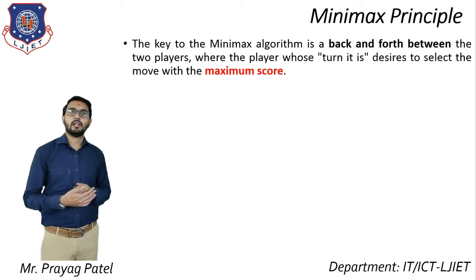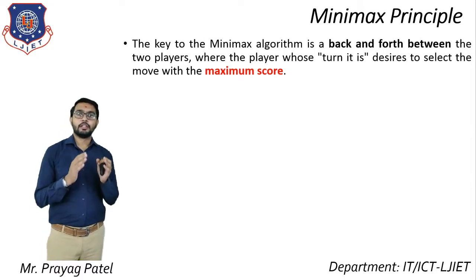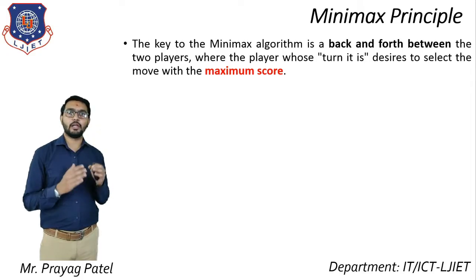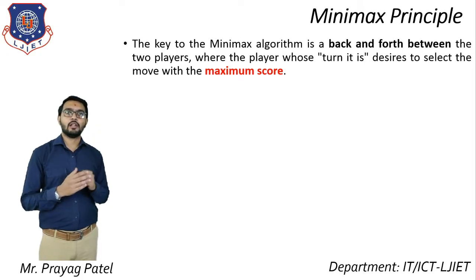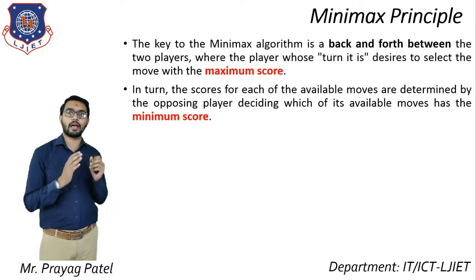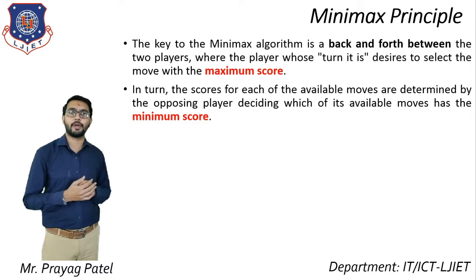Now consider how the minimax principle works. The key to the minimax algorithm is going back and forth between the two players, where the player whose turn it is decides on the move with the maximum score, meaning your target is to find the maximum profit.